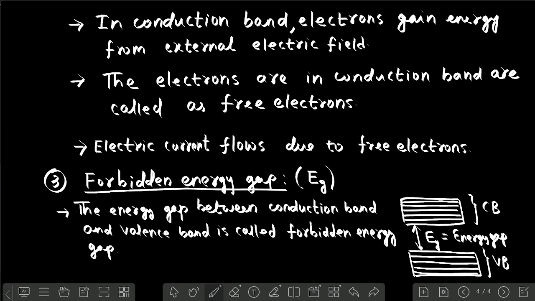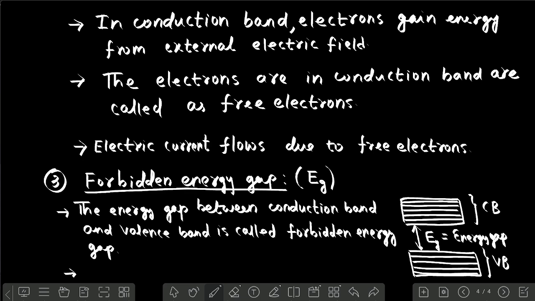Remember this. No free electrons are present in the forbidden energy gap. In a forbidden energy gap, no electrons are allowed to stay.